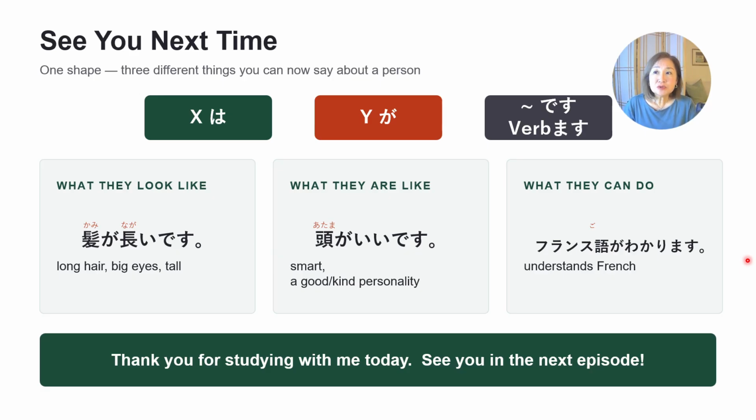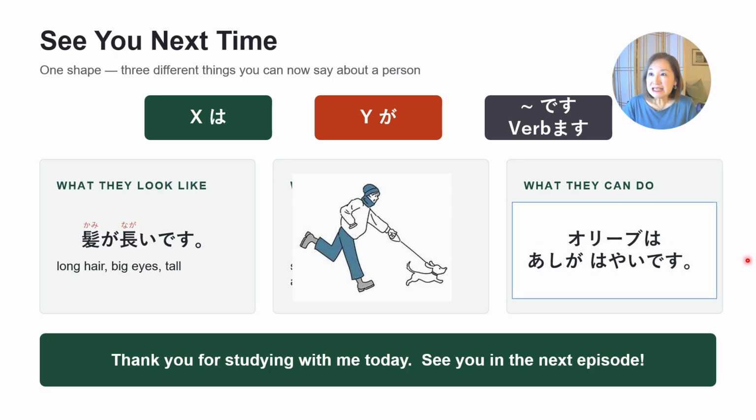So how would I say that in Japanese? オリーブは足が速いです。足 means leg and 速い means fast. So オリーブは足が速いです。Olive has fast legs, or more naturally, Olive runs fast.